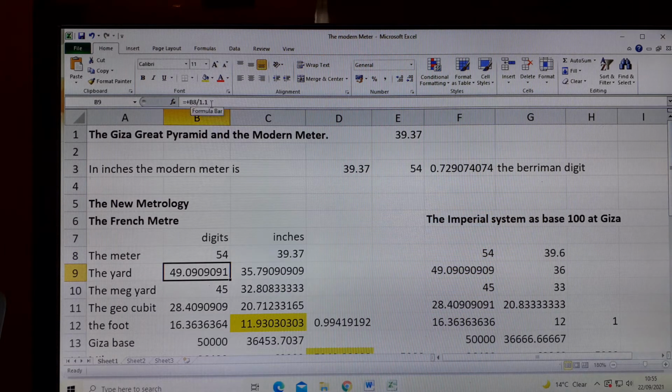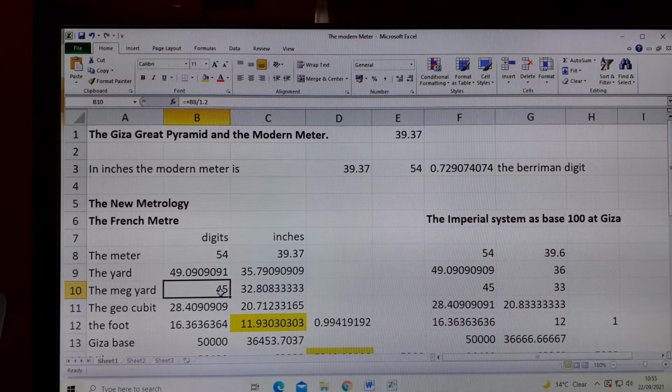We know the megalithic yard is 54 divided by 1.2, so we get 45 digits in a megalithic yard. And this has been proved by other metrologists as well as myself. It's starting to bear fruit, this relationship. Now we can see that it works perfectly.